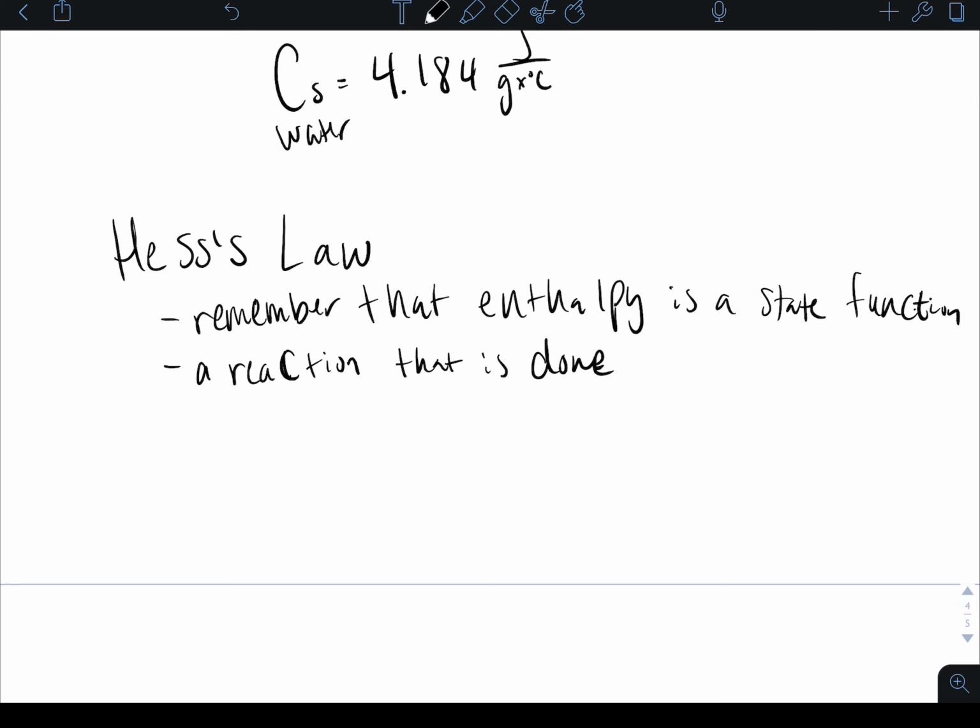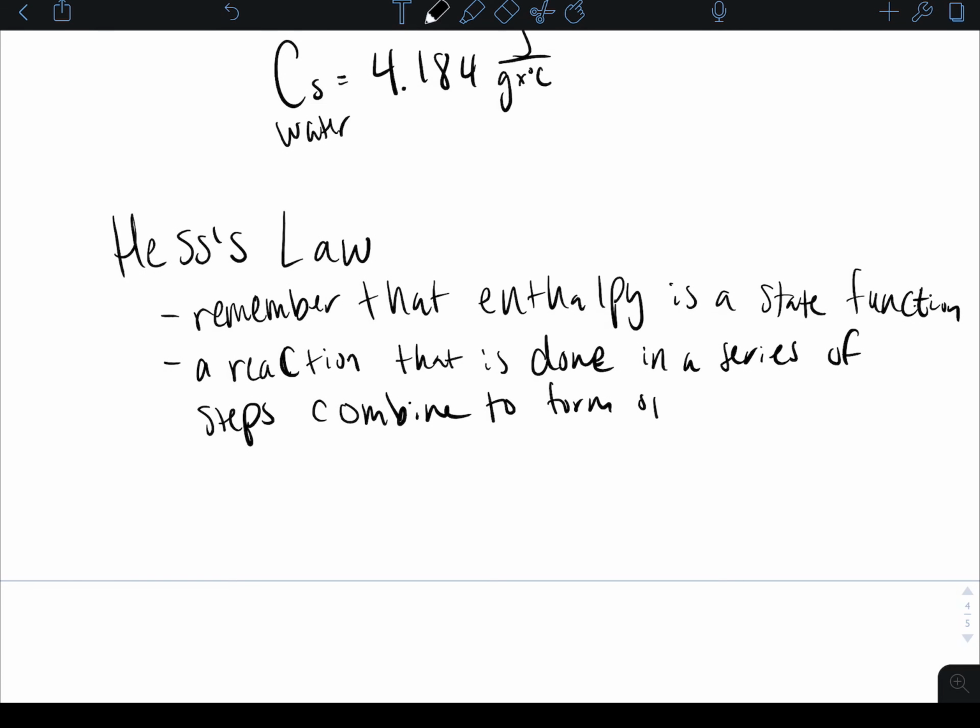So we're doing a reaction in a series of steps. And we combine those steps to form an overall reaction.